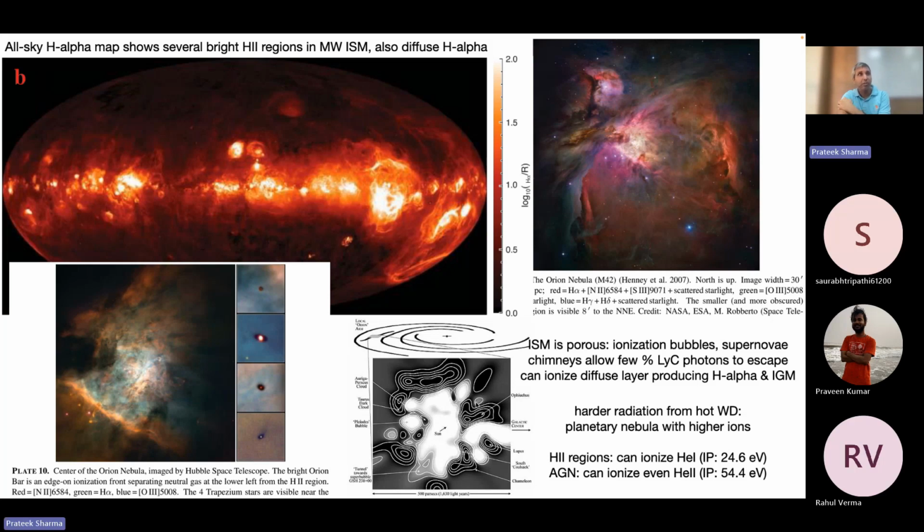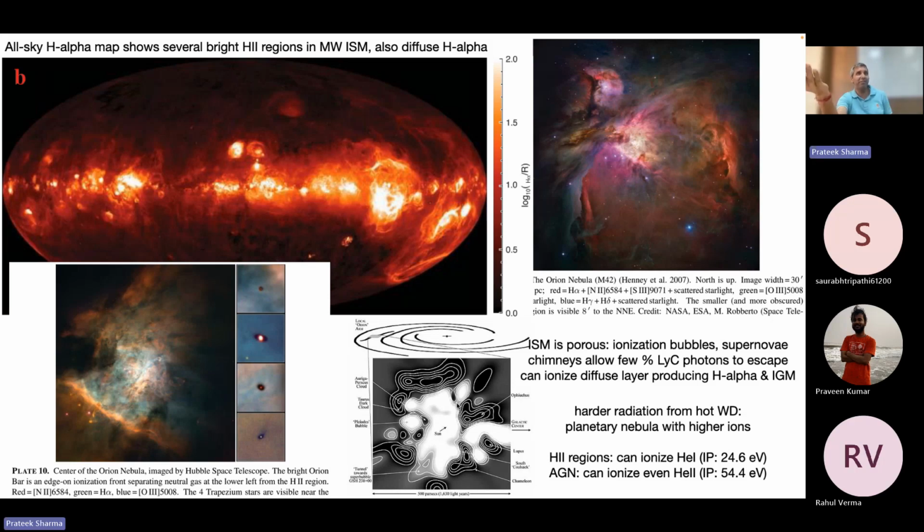The size scale is about 100 parsec. If you can blow supernovae and create these holes which are bigger than 100 parsec, and if you have young stars there, a lot of radiation from those stars can actually go through this direction. So this is how Lyman continuum photons escape from star forming regions, right?